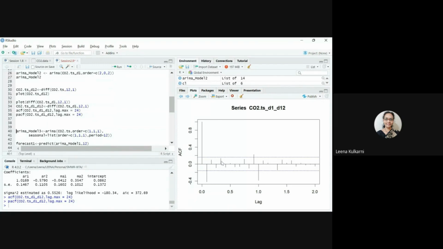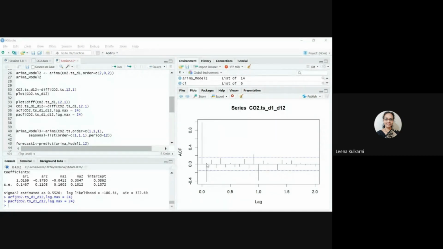All the other values are within this range, indicating that the autocorrelation at lag 2, 3, 4, 5, 6, etc. is not significant, but autocorrelation at lag 1 and at lag 12 is significant, indicating that there is dependence.